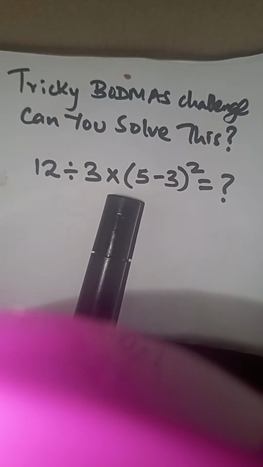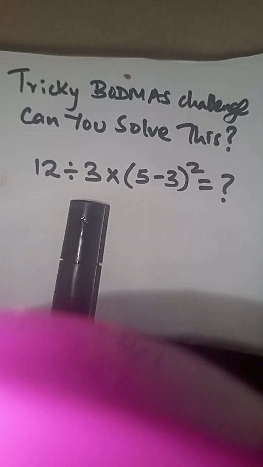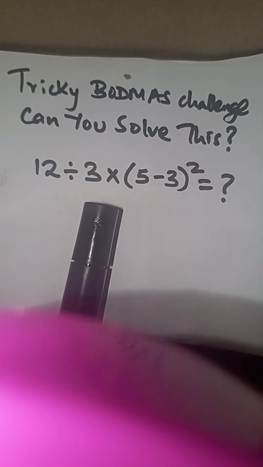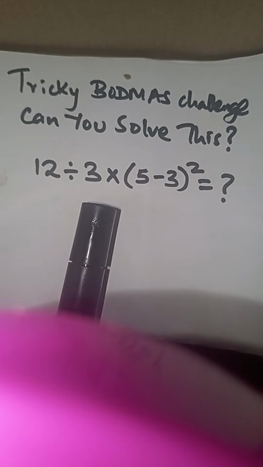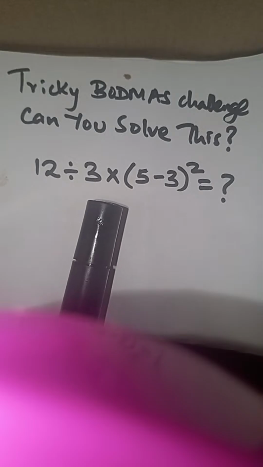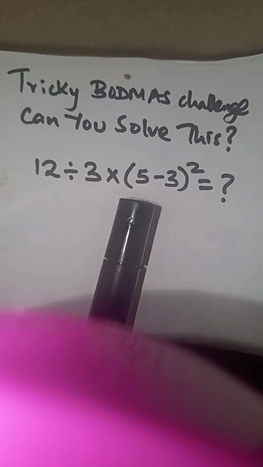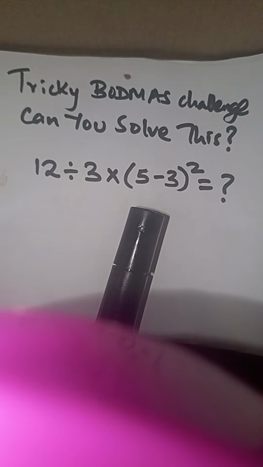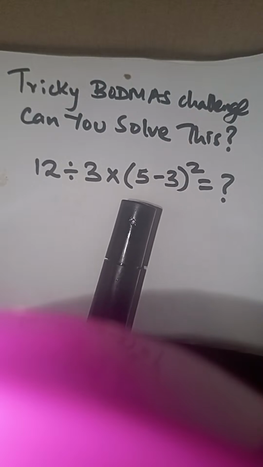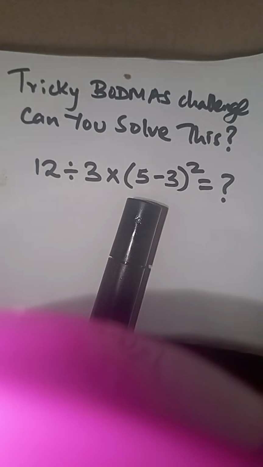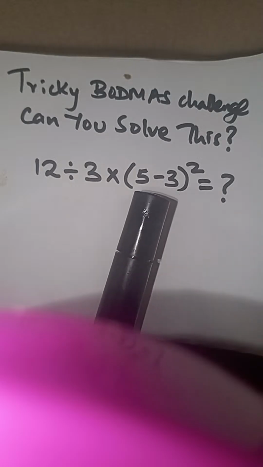And also M stands for multiplication. But we do off first in BODMAS before multiplication, which is right. We usually start with off and then we go to multiplication later.